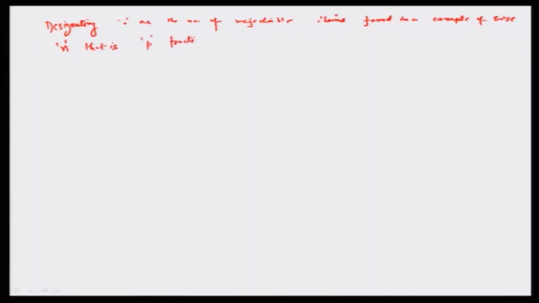This is exactly the percentage defective which is there in the sample, so we call it fraction rejectable.